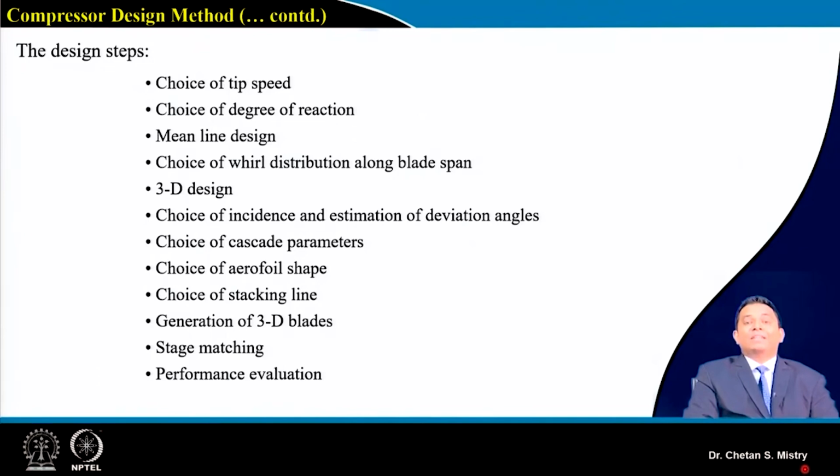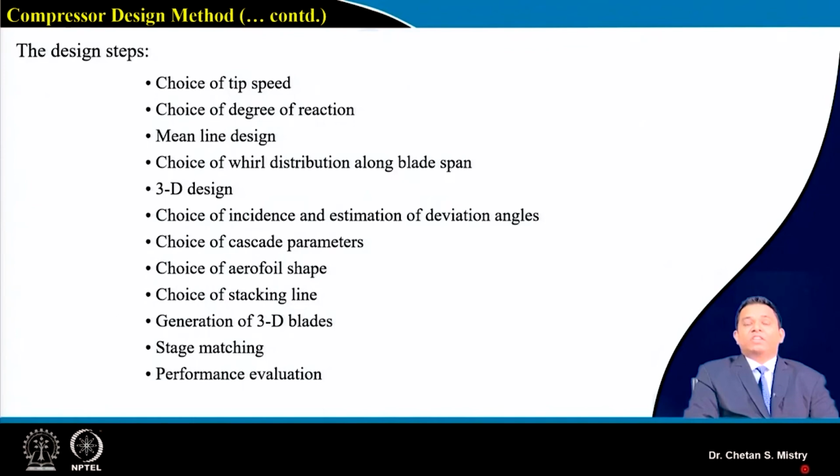By design, at the initial stage when we are doing our design, we are giving our incidence angle. Near the hub we are giving an incidence angle of positive 2 degrees, near the tip region negative 2 degrees, and by incorporating that in our calculated blade angle, we have defined the blade metal angle at the entry.